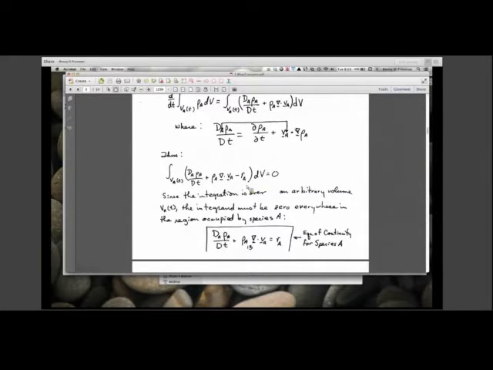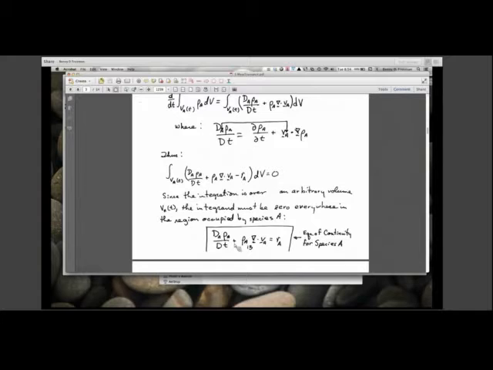I mean, it has to. Whether I have a volume that's a liter, or 1,000 liters, or a milliliter, I expect the principle of conservation of mass to apply.